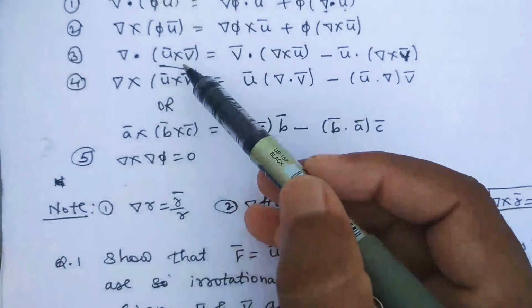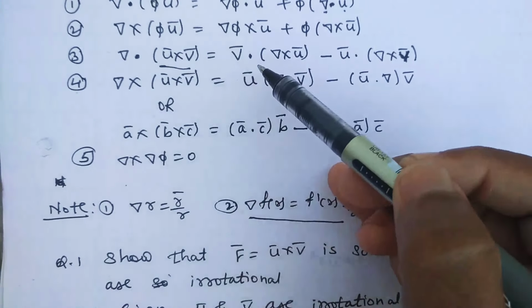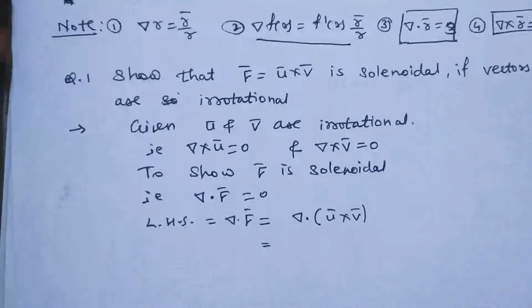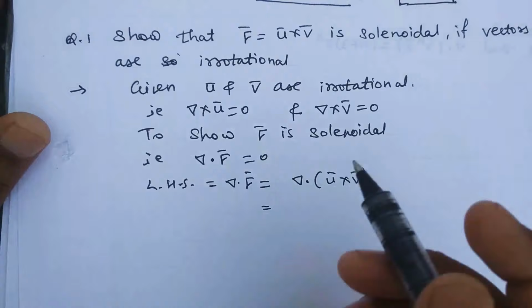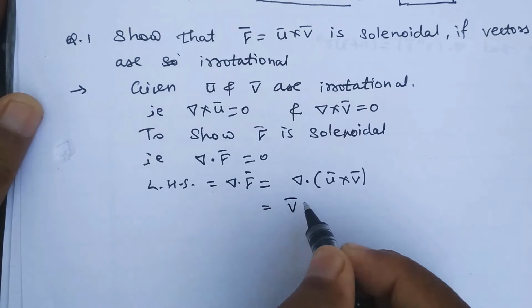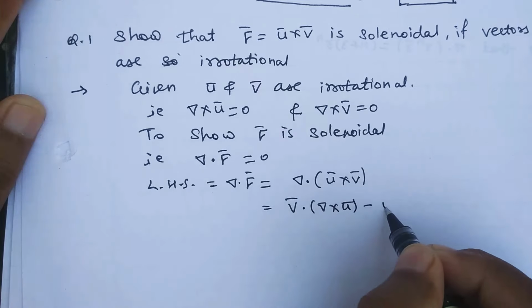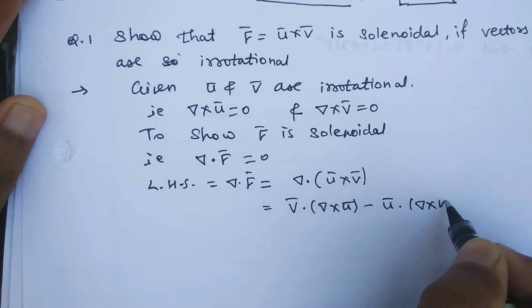The value of del dot u bar cross v bar is v bar dot del cross u bar minus u bar dot del cross v bar. Using this vector identity, you will get v bar dot del cross u bar minus u bar dot del cross v bar.